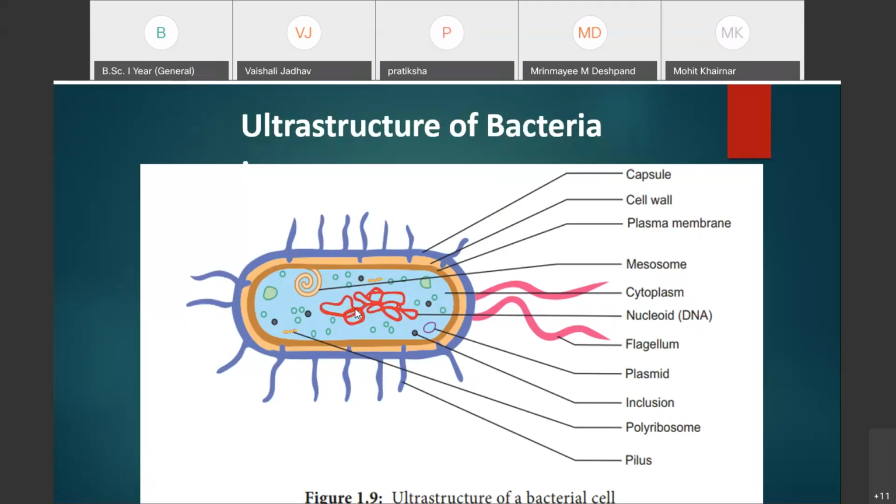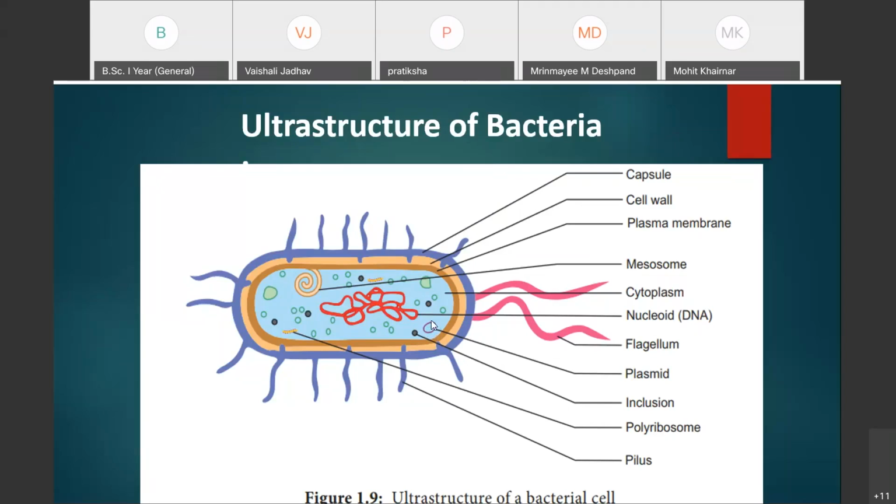Also we have discussed the plasmid. Plasmids are extra chromosomal hereditary determinants. They are nothing but double stranded, circular DNA, and the plasmid possesses certain genes which are not very important.